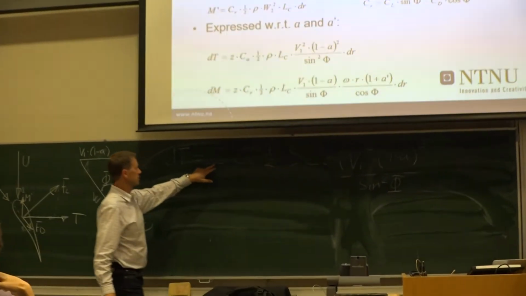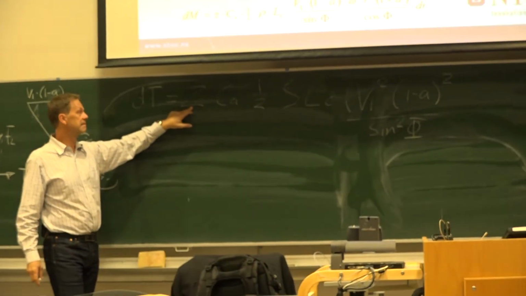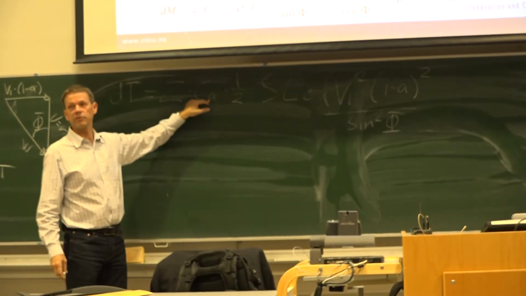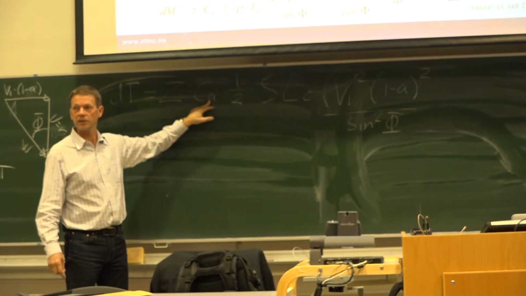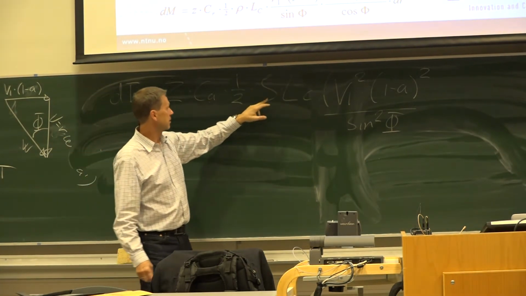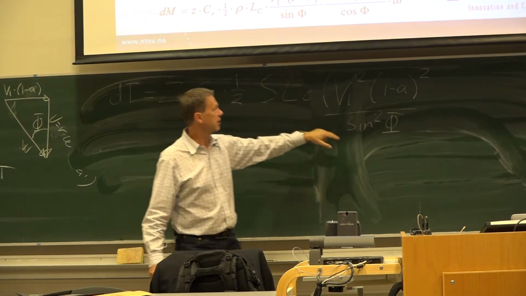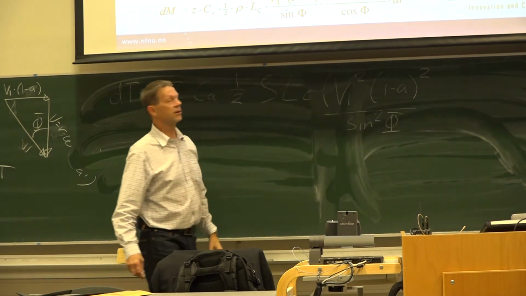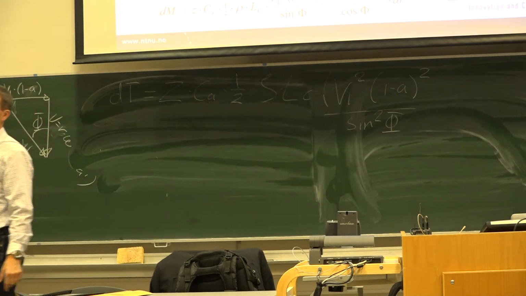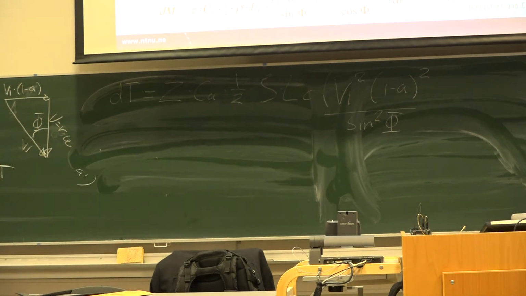Z in this case is the number of blades. CA is the simplification of the geometry of the blade. So the expression of the velocity squared.